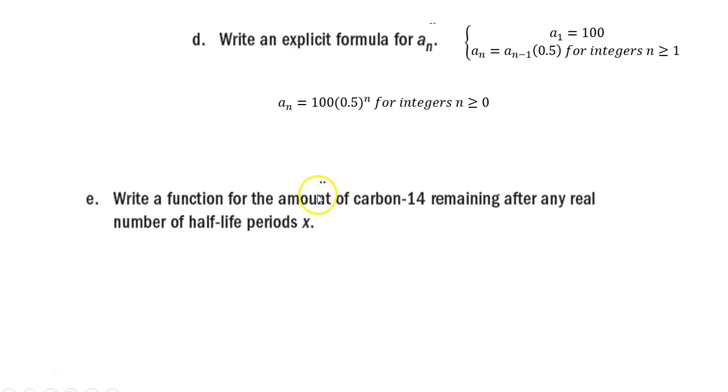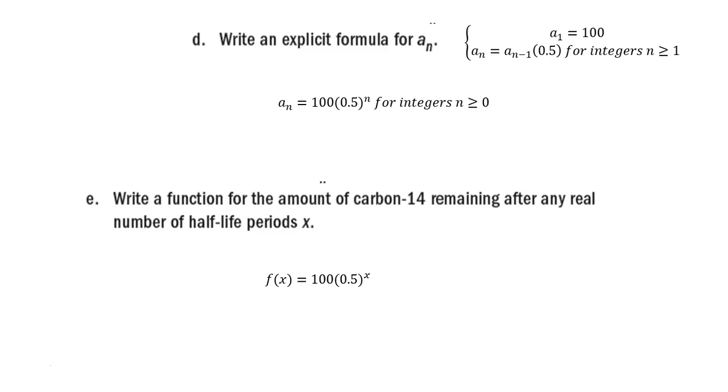Then we're going to write a function for the amount of carbon 14 remaining after any real number of half-life periods. This is a little different than what we have here because when it says real number, we can include negative numbers as well. So this is just going to be our basic exponential function. f of x equals 100 times 0.5 to the x power, where x can be any real number.